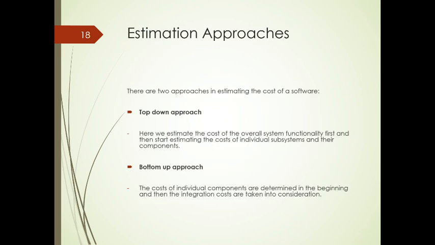So there's estimation approaches. Top-down approach is one of them. You think about the cost of the overall system first, and then estimate the cost of individual subsystems. The bottom-up approach is the opposite. You think about the cost of the individual subsystems, and then you think about the cost of the overall system.